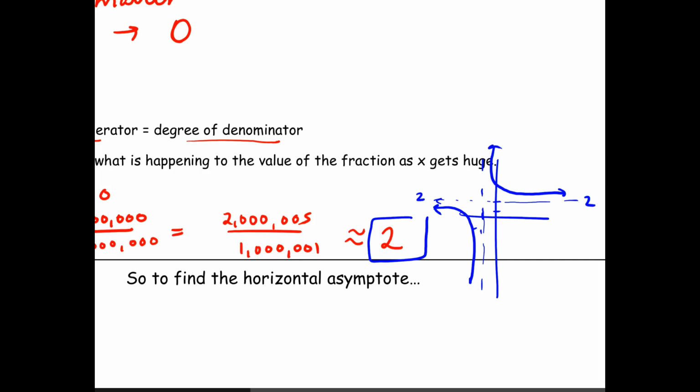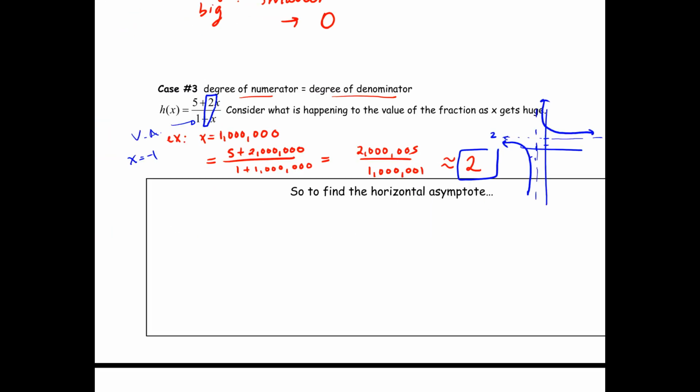Okay, these are the 3 cases of how to determine a horizontal asymptote. Case 1 is what you saw at the top of the page.